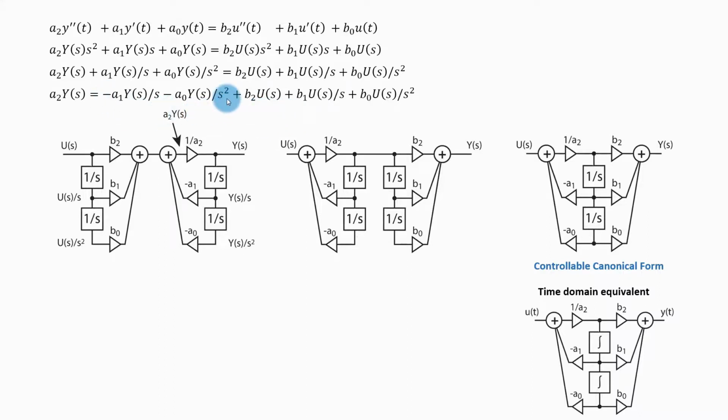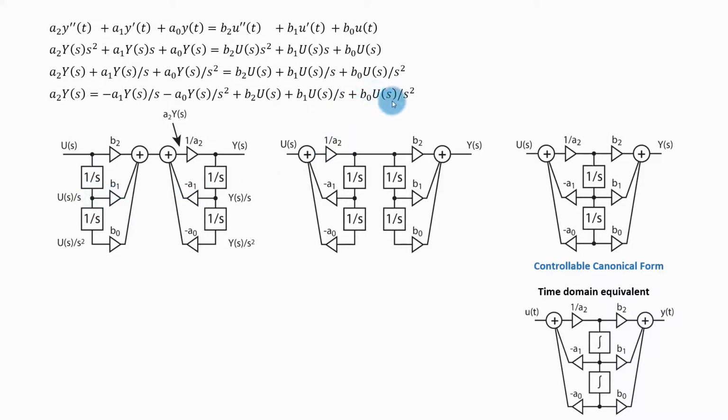And now I will proceed to draw the schematic using this equation. So again, what do we have here? We have u of s multiplied by b2, so here I have u of s multiplied by b2. Then I have u of s divided by s times b1. So u of s I need to divide by s and multiply by b1.